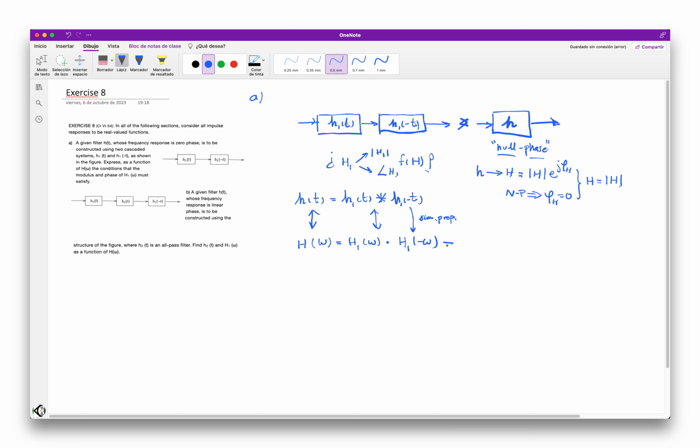Now we are going to use an important property of all the systems that we have here, which is that h1 and h2, all of them are real functions. They are real. And what this means, remember, is that they verify the Hermitian property.